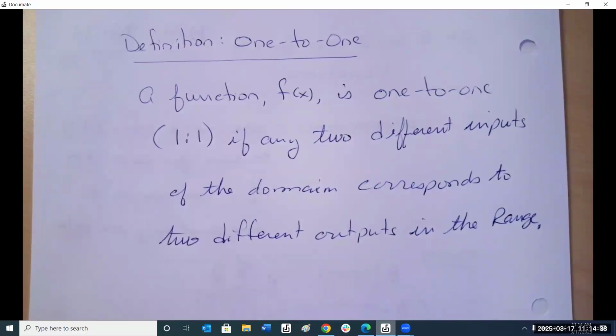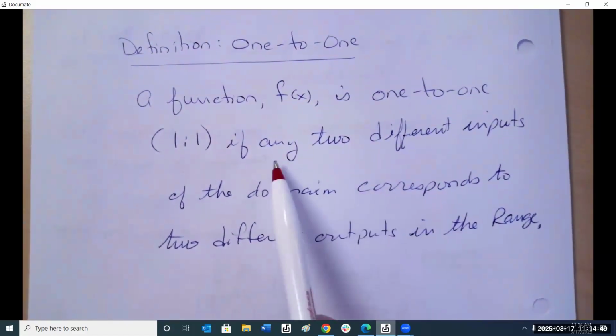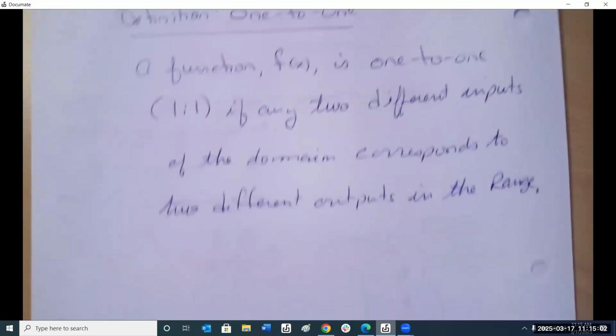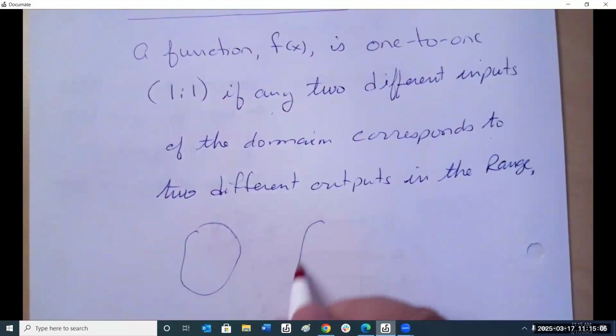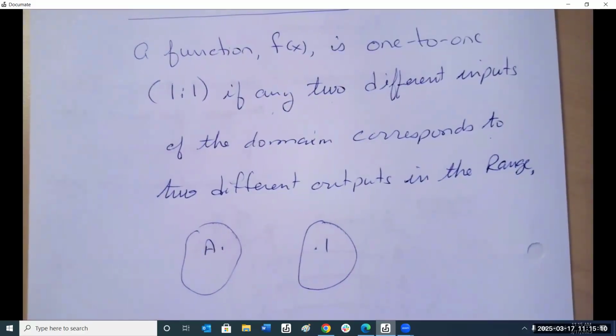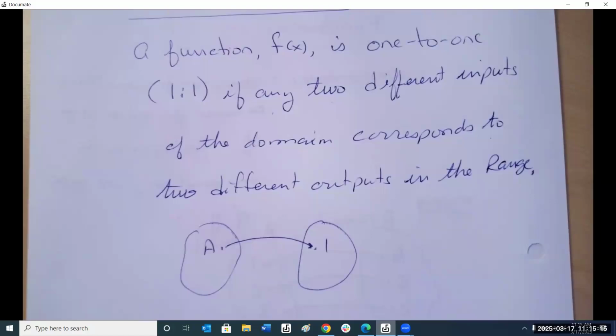How is that different from one-to-one? How does this differ from one-to-one? Because it says if any two different inputs from the domain correspond to two different outputs in the range. If I only had one element, if I had one input goes to one output, is there anything different there?